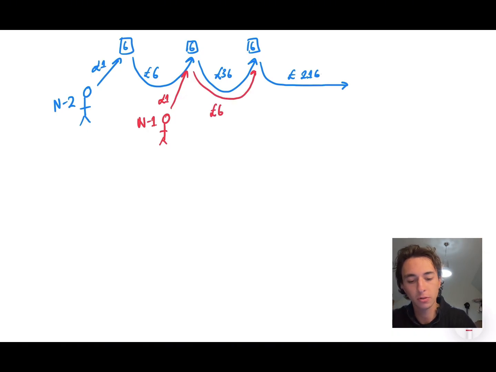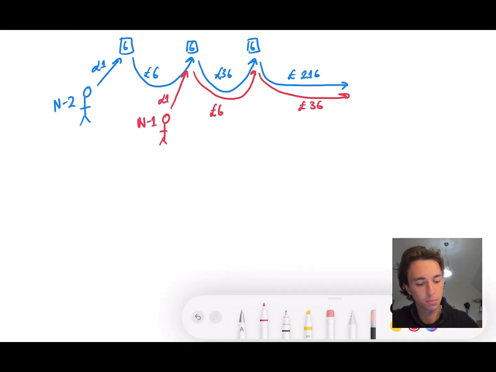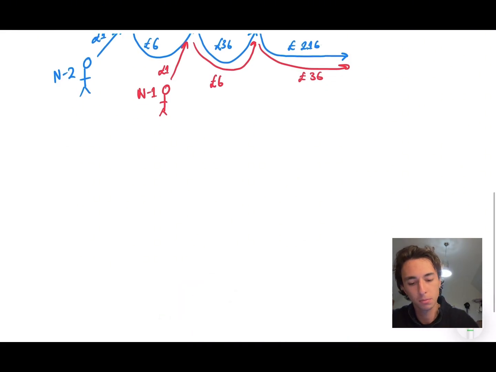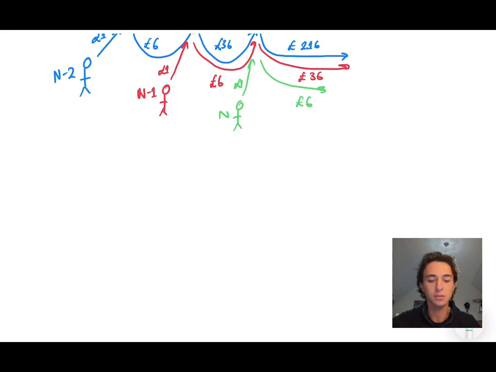They swap over for £6 and they exit here with £36. And finally, player n enters with their £1 and leaves with 6.